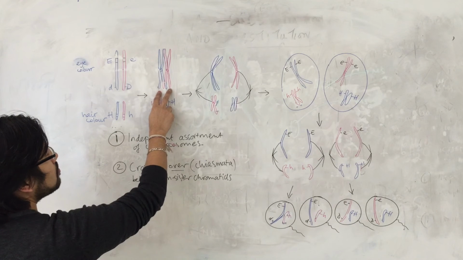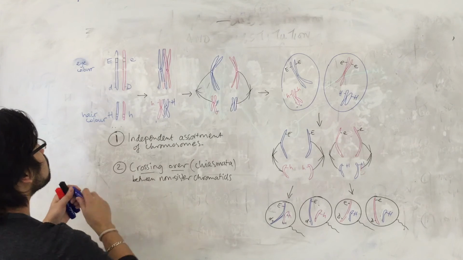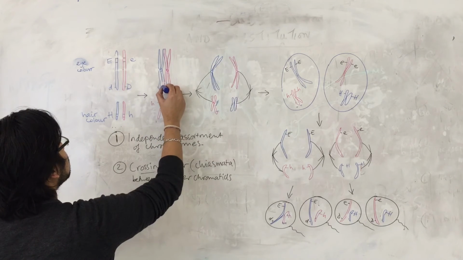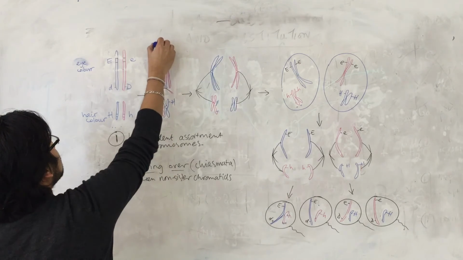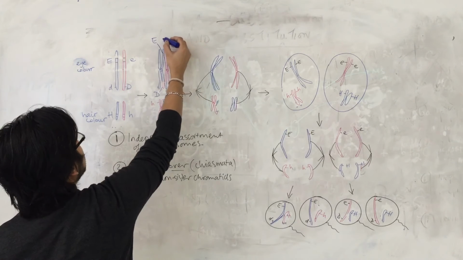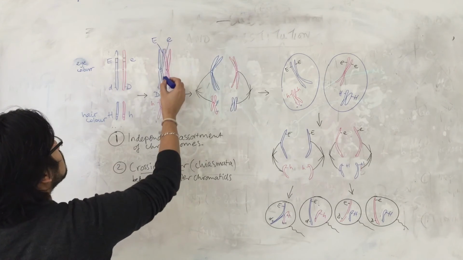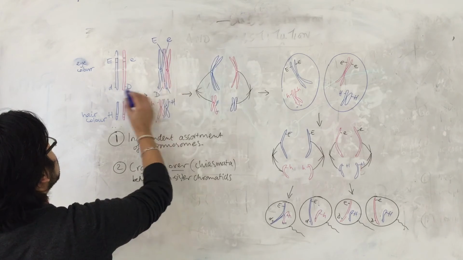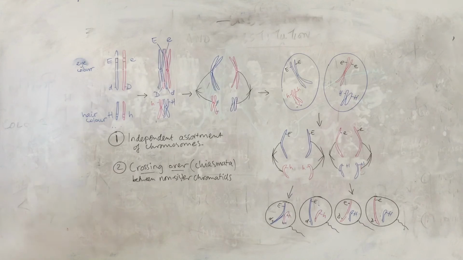The other two chromatids are the same still as before. So here we have the big D now linked here with the big E. And on this sister chromatid, we still have the E, but it's now linked with little d, the recessive allele.